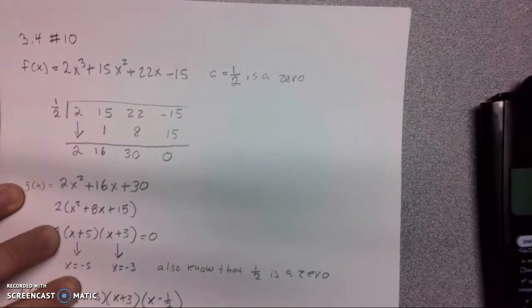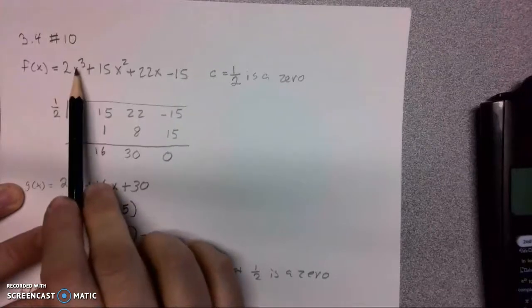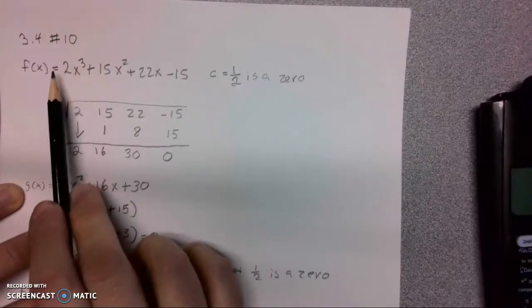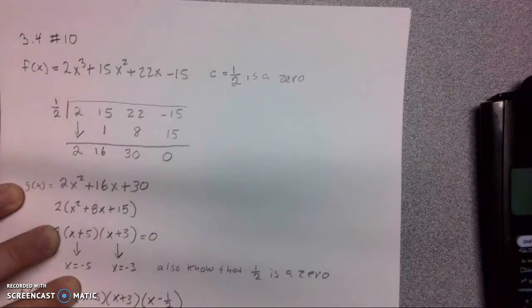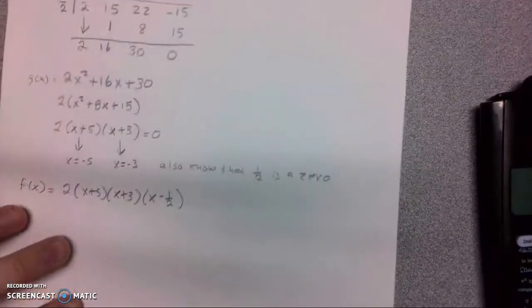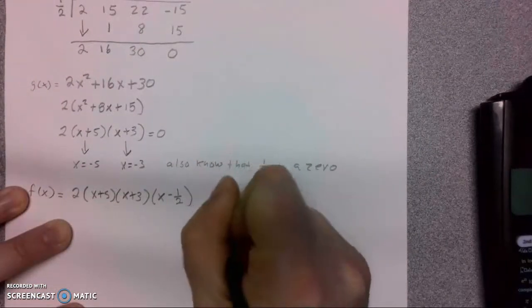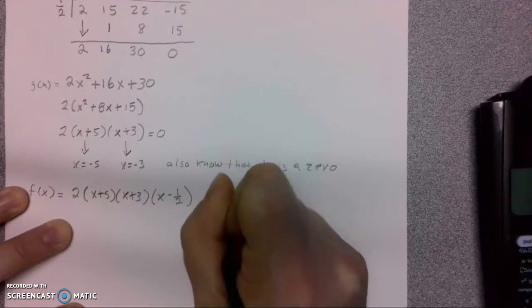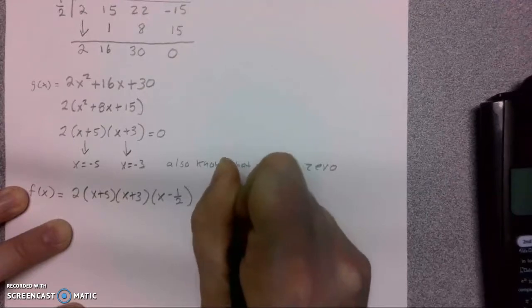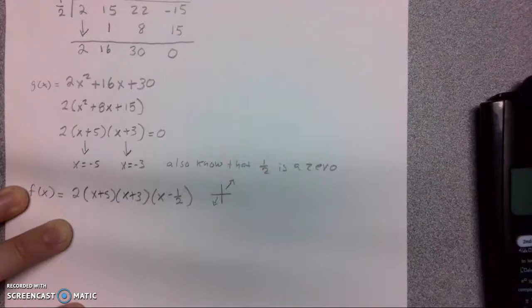Sometimes it's easier to see here for end behavior. So it's an odd degree with a positive leading coefficient. So what that tells me is that my end behavior is going to be like this. Like a cubic. Okay.